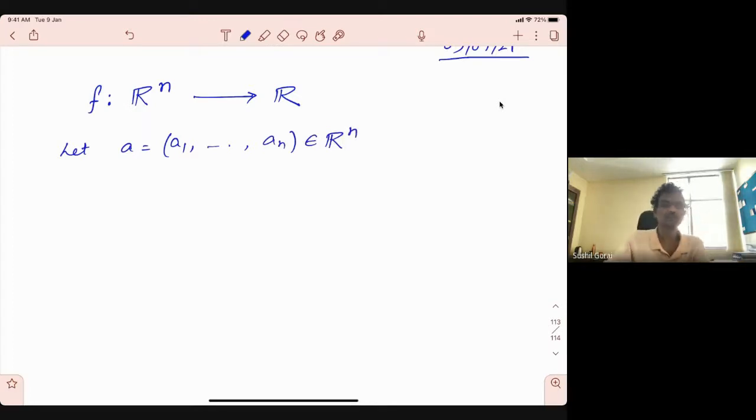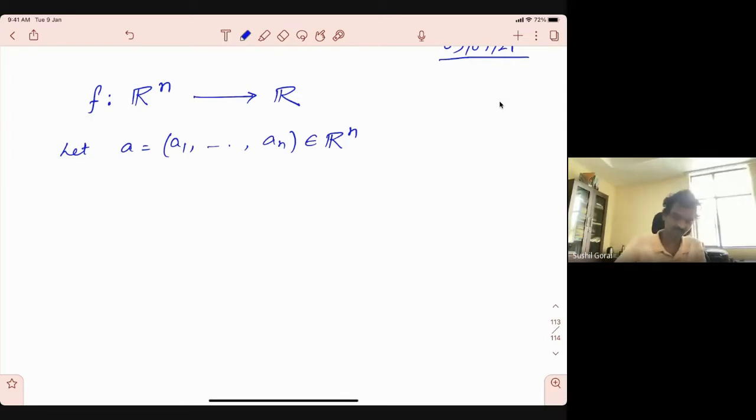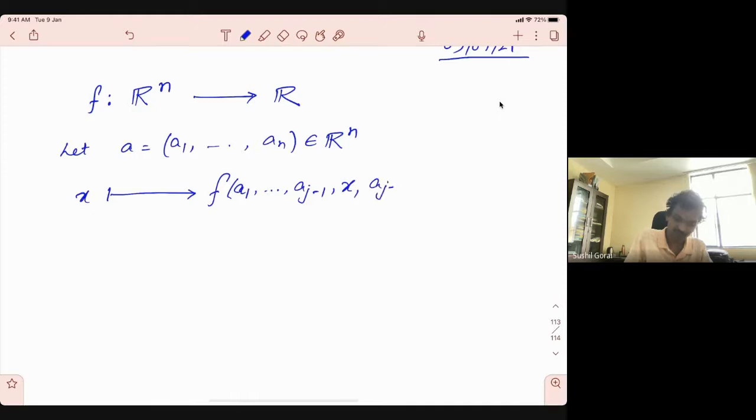Now consider the following function: x goes to f(a1, ..., a_{j-1}, x, a_{j+1}, ..., an). Here a is a fixed point, so this is a one variable function.